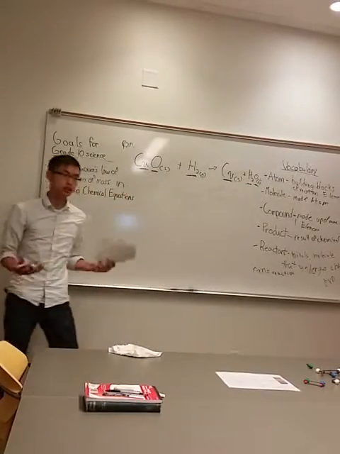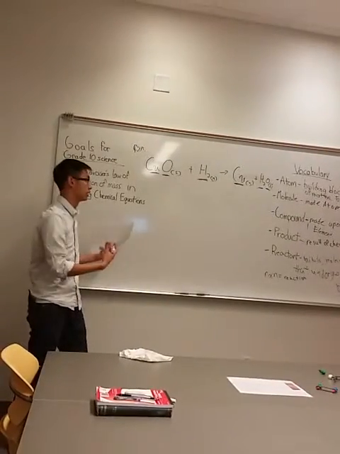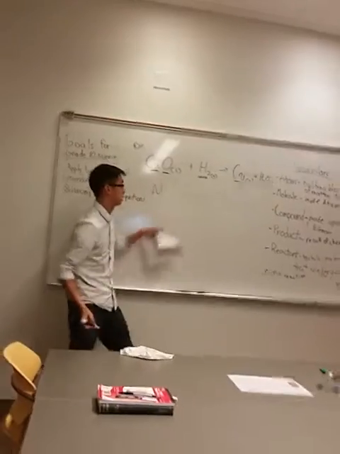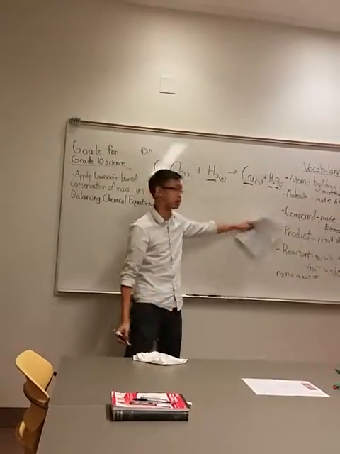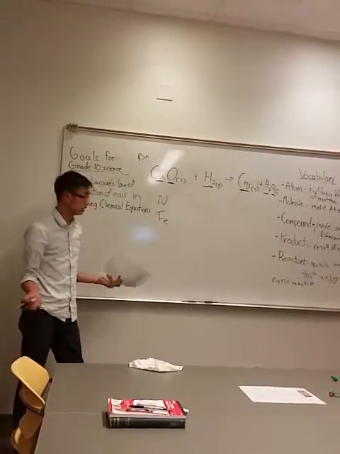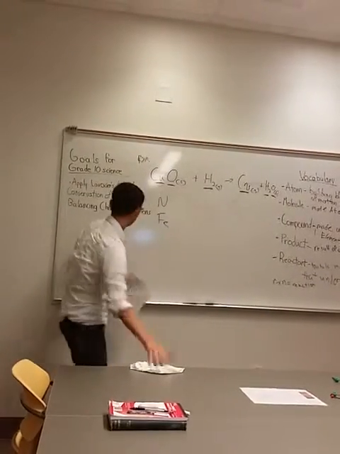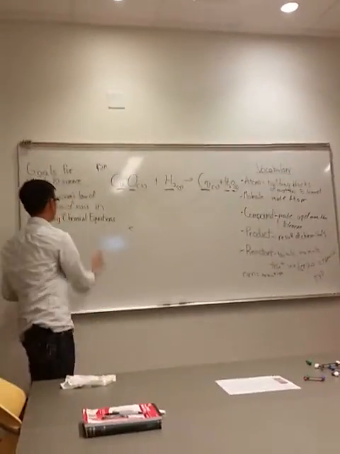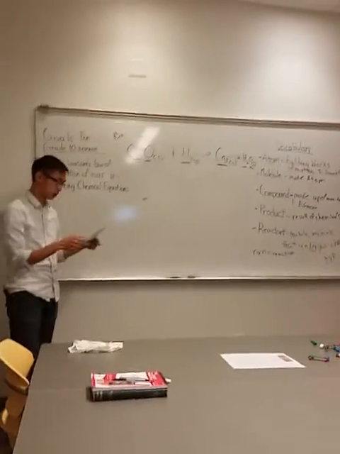You don't see the entrance of another element, for example, any nitrogen appearing on one side and not on the other. You don't see any iron, per se. So that's how the conservation of mass applies to chemical equations.